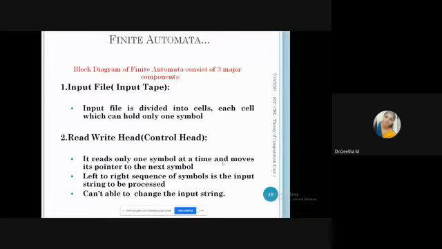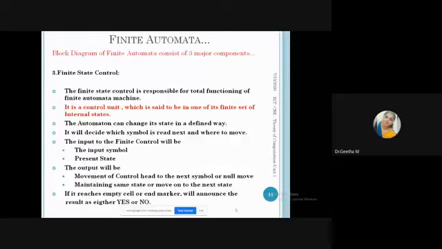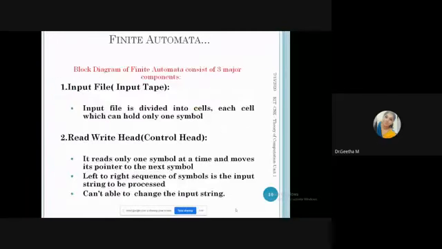We have already seen that finite automata consists of major components: input file, read write head or control head, and a third one is finite state control. Let us see one by one. Input file is divided into cells. Each cell can hold only one symbol. Already I told you.